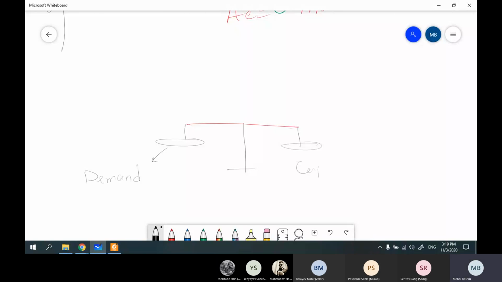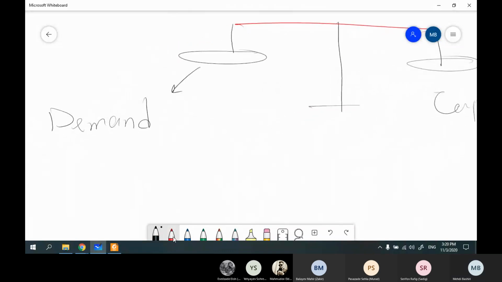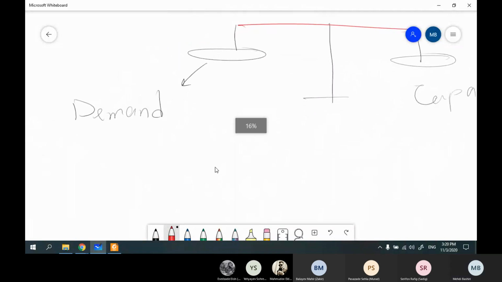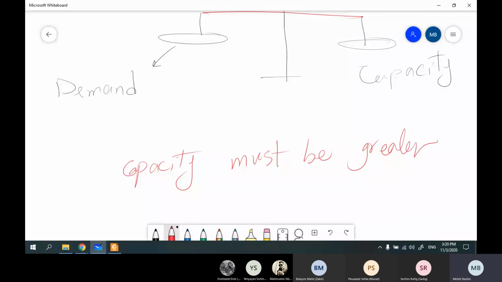On the other side, we have capacity. And in all cases, the capacity must be greater than demand.